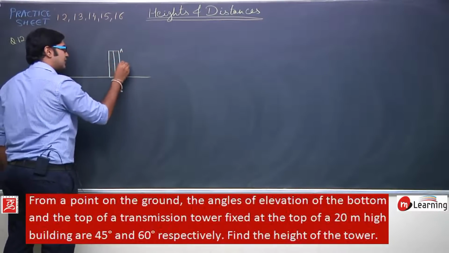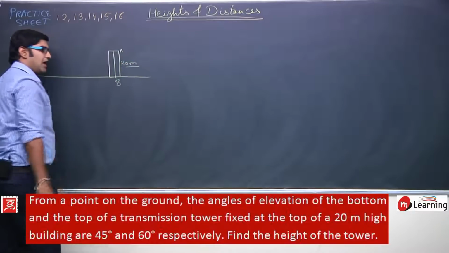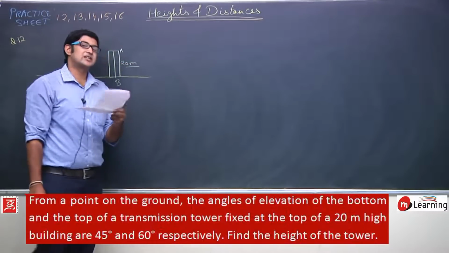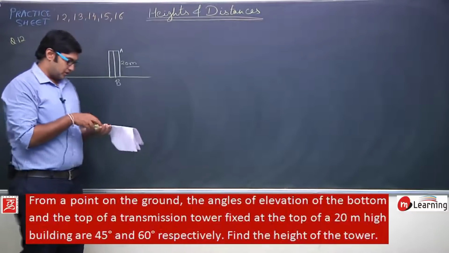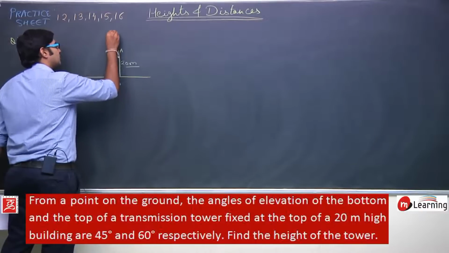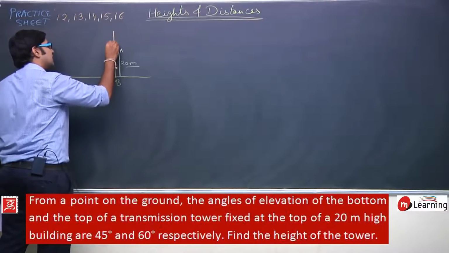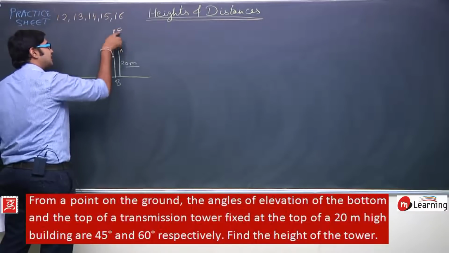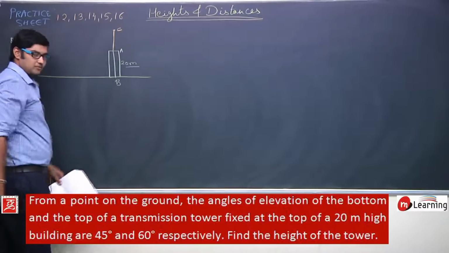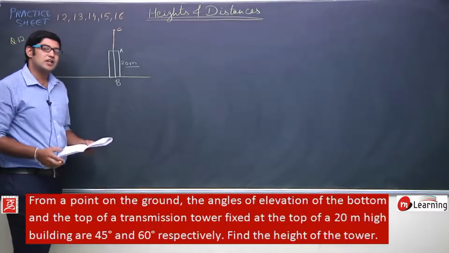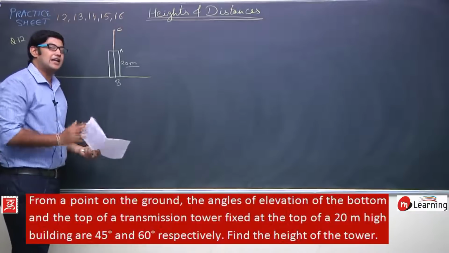AB is the building, it is 20 meters high, and the transmission tower is fixed at the top of this building. It means the transmission tower is somewhere here. So this is the transmission tower. Let us say this point is C. So AC is the transmission tower, and the length of AC is the height of the transmission tower. I have just drawn the line diagram.